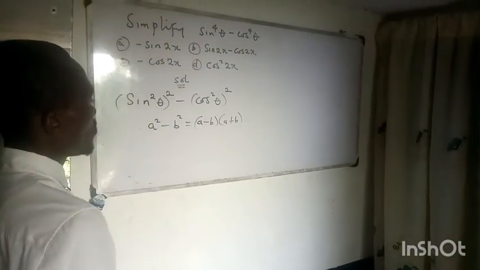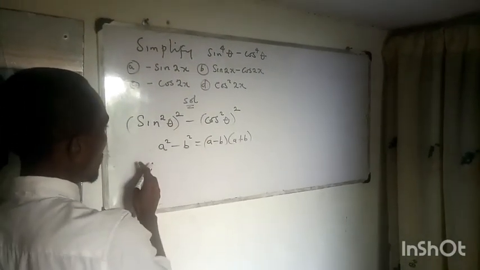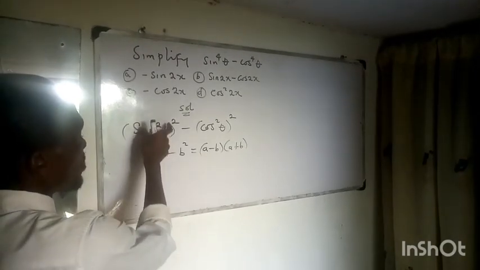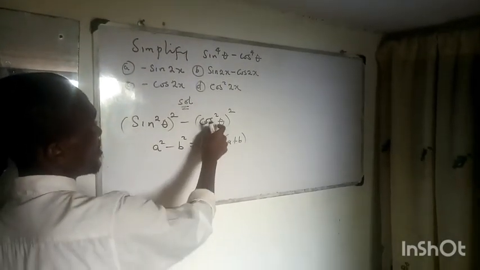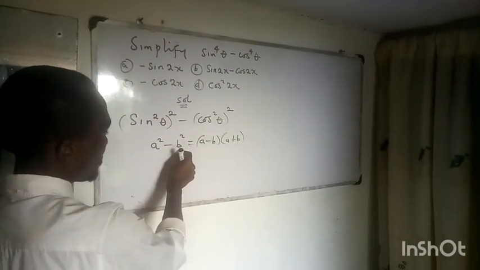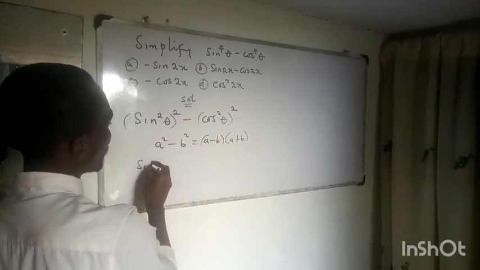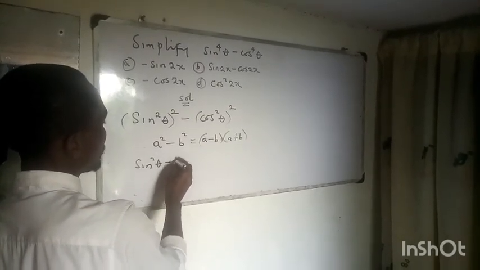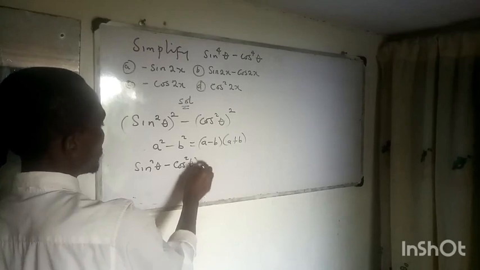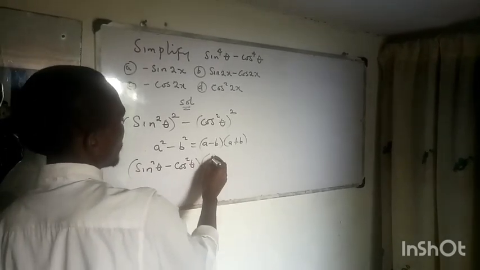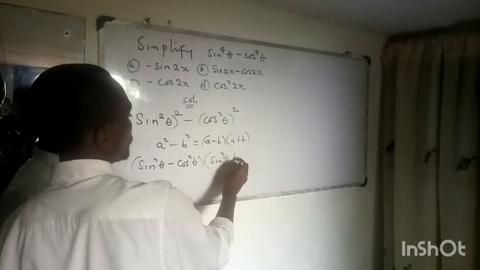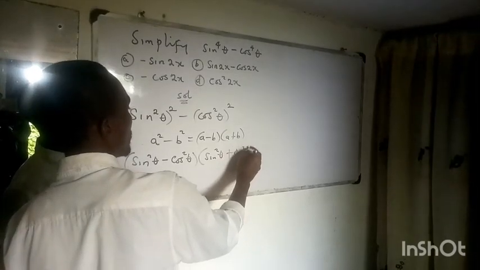Plus b. So when I use it here, if we consider sine square theta as the a and cos square theta as the b, I'm going to have sine square theta minus cos square theta, then in brackets sine square theta plus cos square theta.